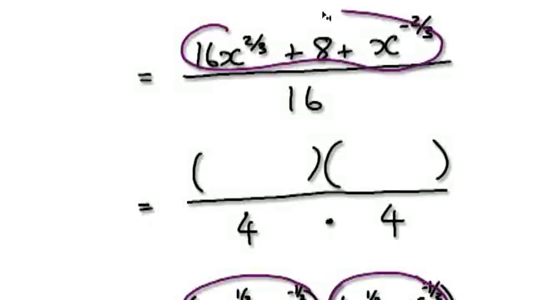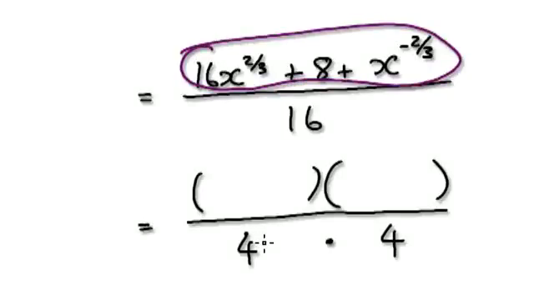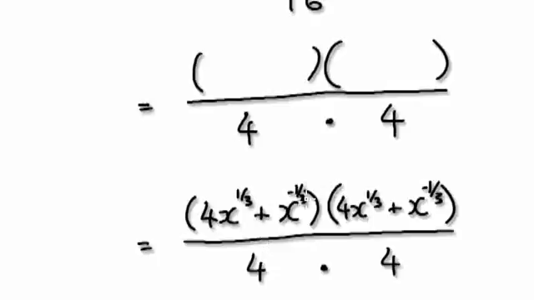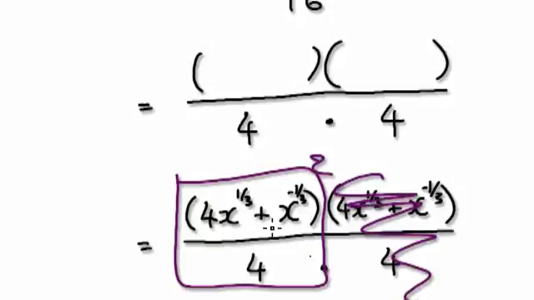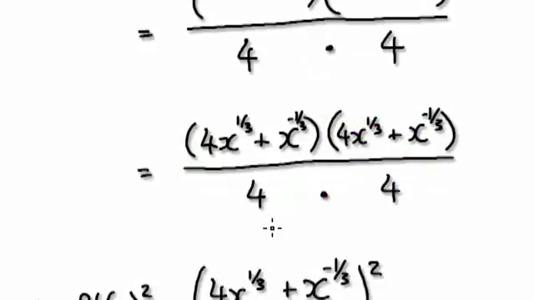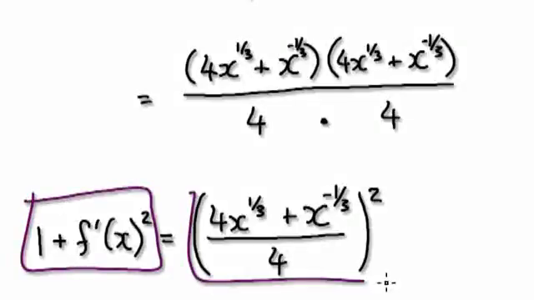After a while, hopefully you would be able to get to this stage here. So here we've got this thing squared in a way. What we've got here is this thing squared.